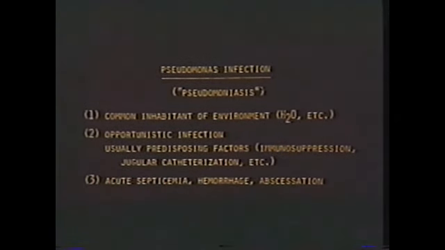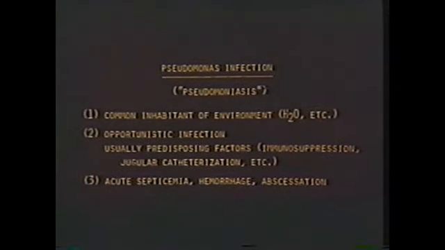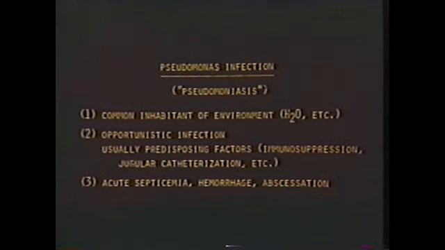These are lesions associated with Pseudomonas infection, referred to as pseudomoniasis. Just to emphasize that it's a common inhabitant of the environment, including the water, and that it's a good example of an opportunistic infection. Usually there are predisposing factors that are identifiable, such as immunosuppression or jugular catheterization.